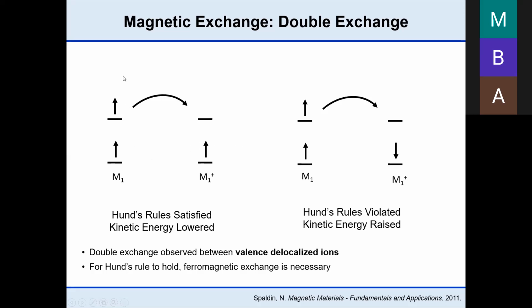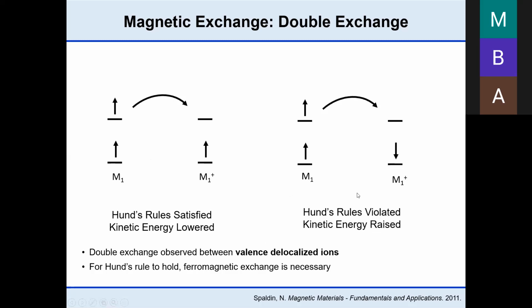So you can envision two scenarios here where we can have all of our electrons in parallel with one another and one in an anti-parallel arrangement of our electrons. So on the left here, if we were to transfer this higher energy electron to the vacant orbital on the right, Hund's rules would remain satisfied and the kinetic energy would be low.